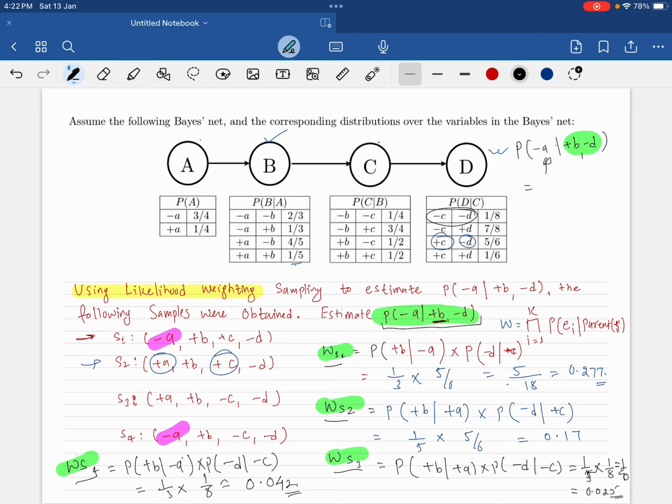So that probability will be sum of the weight of these samples, that is S1 and S4, that is 0.277 plus 0.042, divided by sum of the weight of all samples, right? So WS1 plus WS2 plus WS3 plus WS4, right?